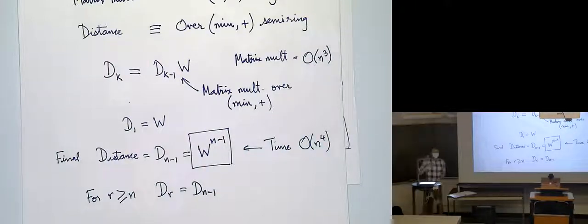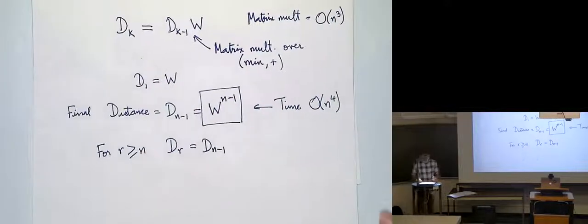Does that make sense? Even if you go further and further off, it really doesn't buy you anything, assuming there are no negative weight cycles. Otherwise, distances are not defined. So it's like a strange multiplication, right? You keep multiplying, and at some point, you don't get anything new. But this property, together with the multiplication perspective, is going to give us the faster algorithm.